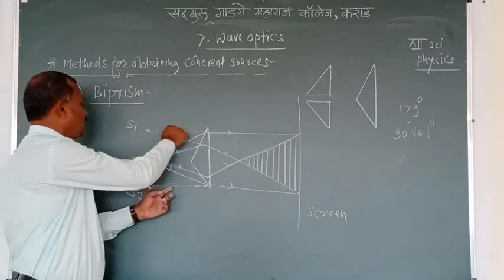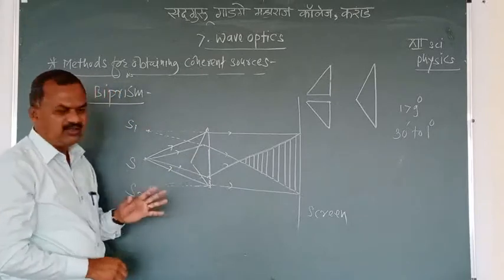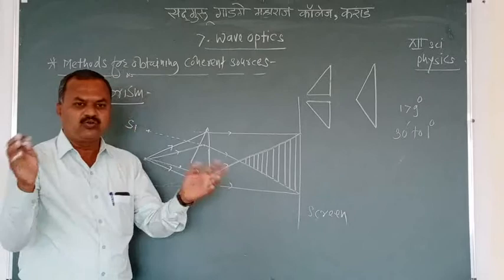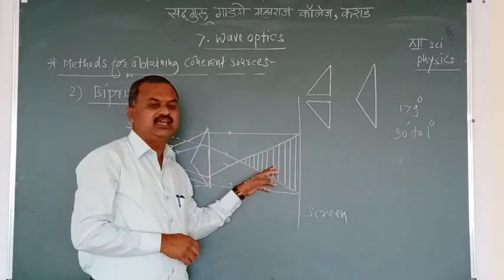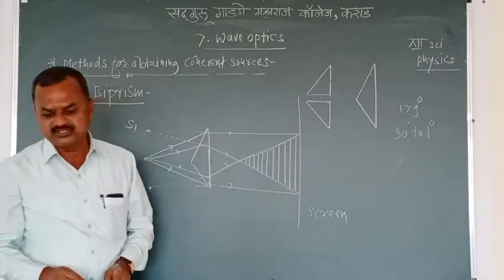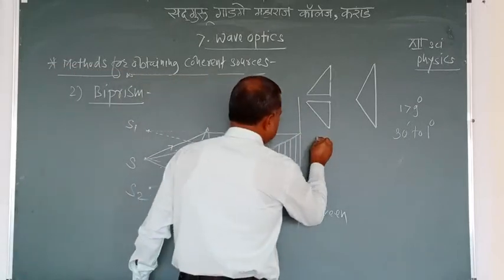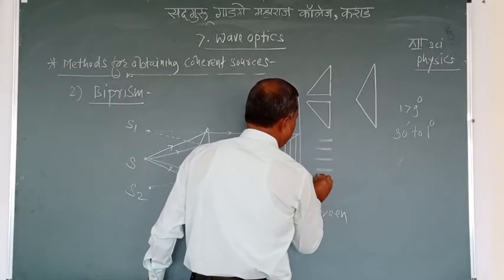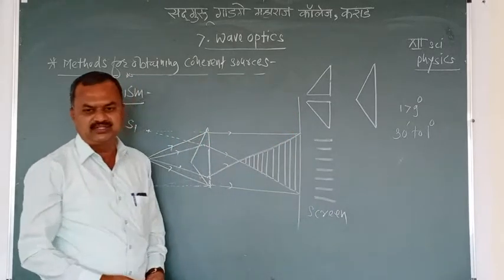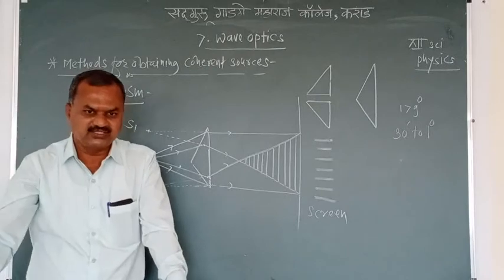Light from these two coherent sources interacts or overlaps in this region, and we get a steady and well-defined interference pattern on the screen, consisting of alternate bright and dark bands having the same width and same intensity.